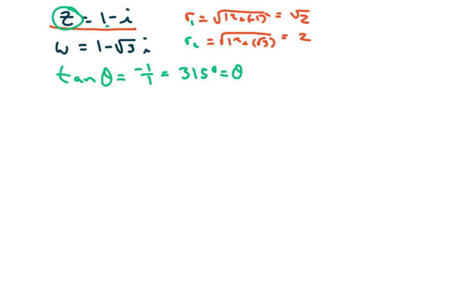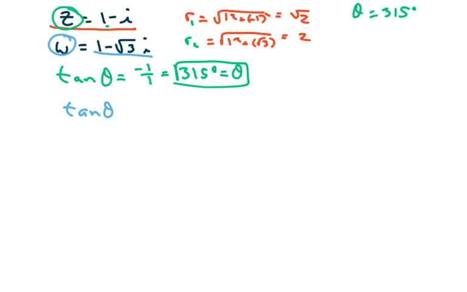So my angle here is 315. And for the second one, I have tan, and this is also in quadrant 4, equals negative square root of 3 over 1. That means my angle is going to be 300. So for this one, my angle is 300.